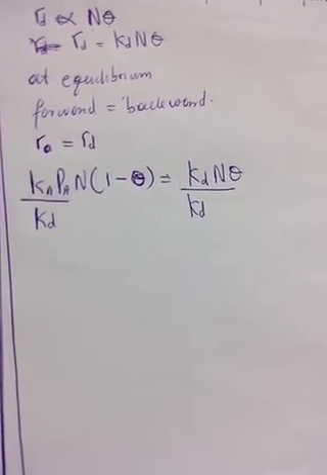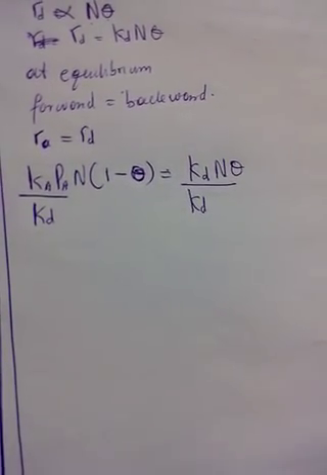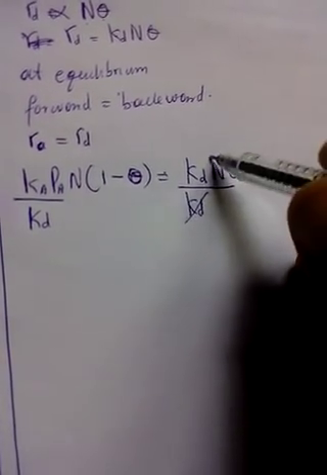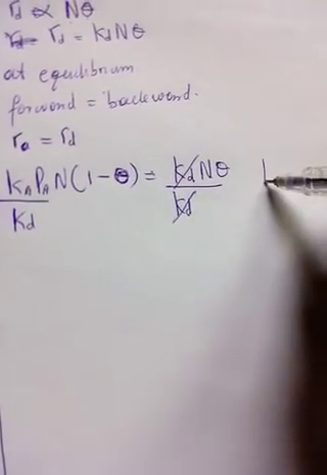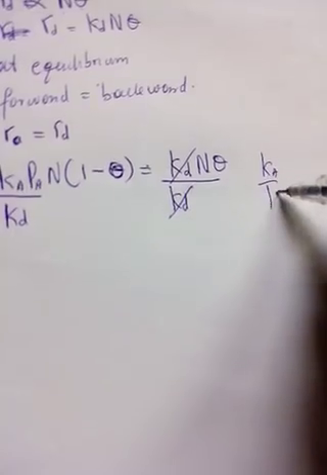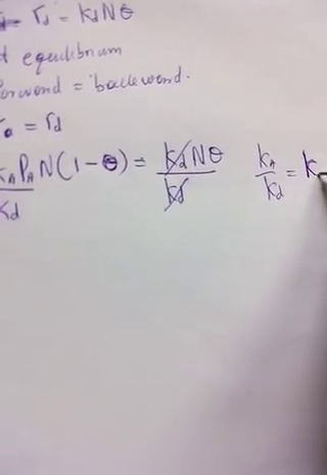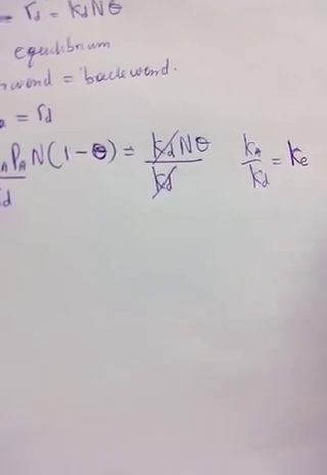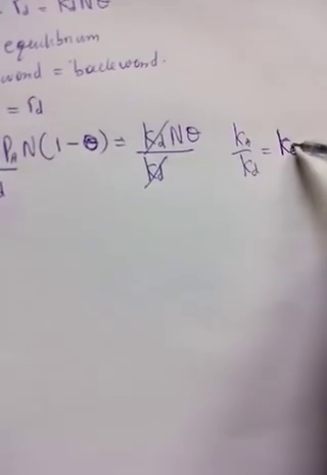We divide both sides by Kd, and this cancels out here. We know Ka over Kd equals capital K, K equilibrium. So we can substitute this here.